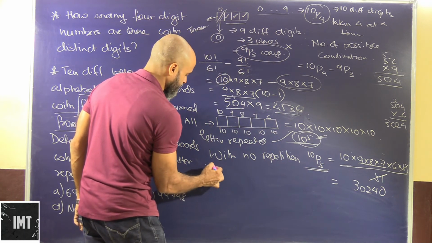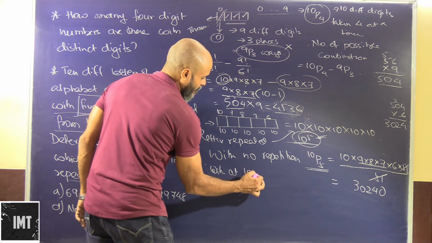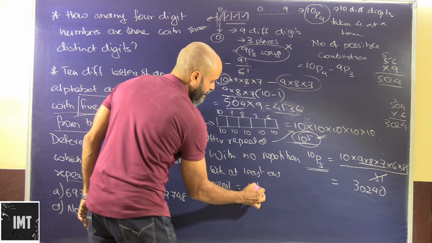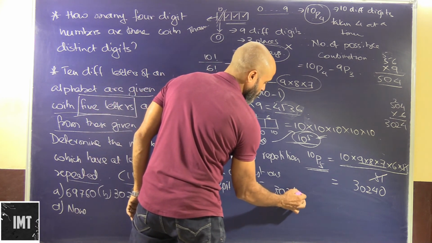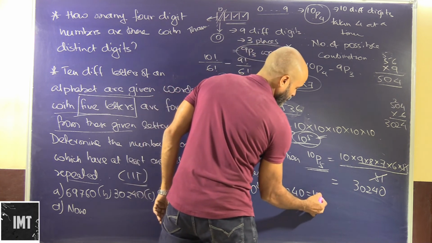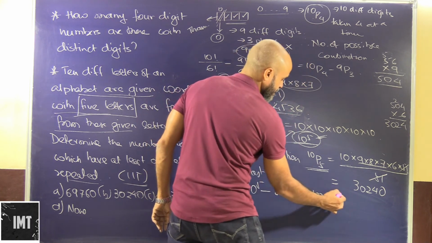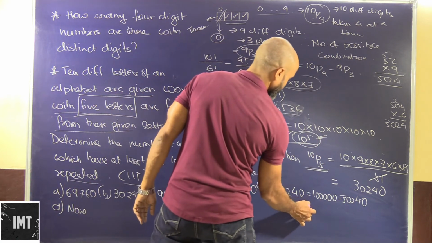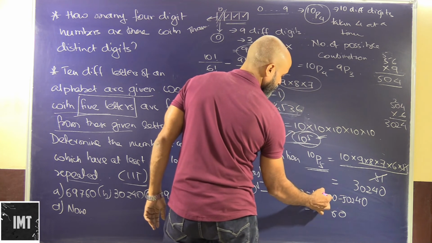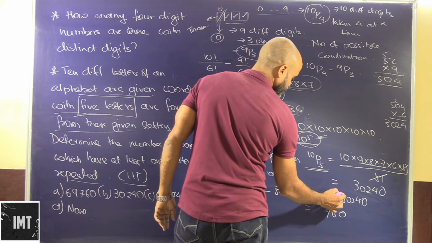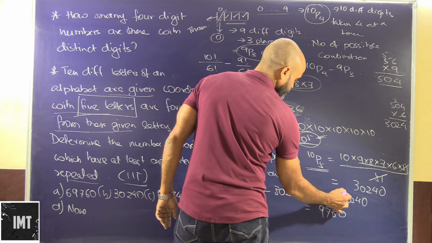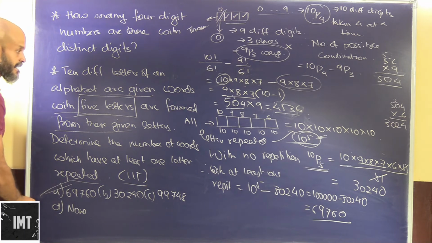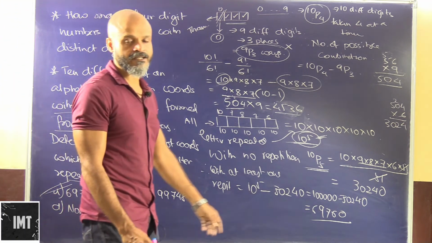So with at least one repetition, it will be 10 to the power of 5 minus 30240, that is 100000 minus 30240, which gives 69760. So this would be the answer. I hope this makes things clear.